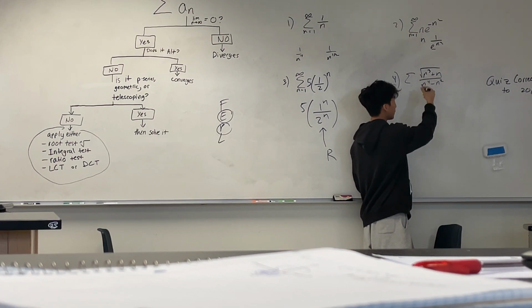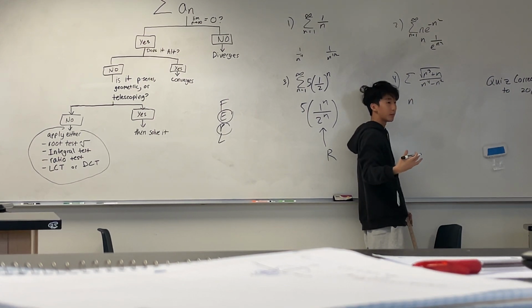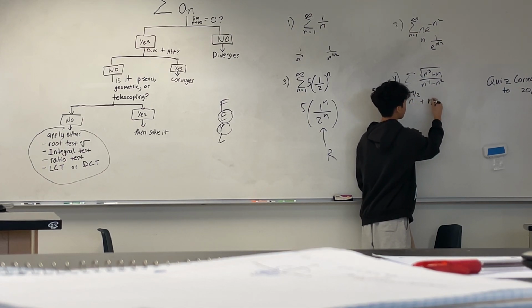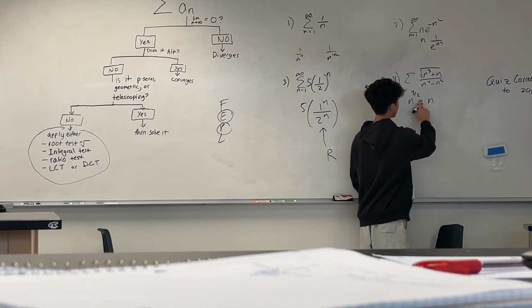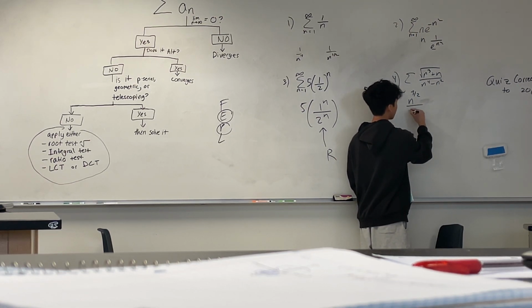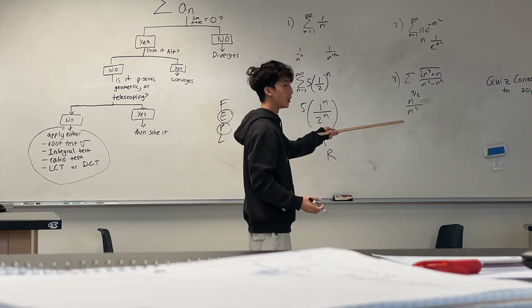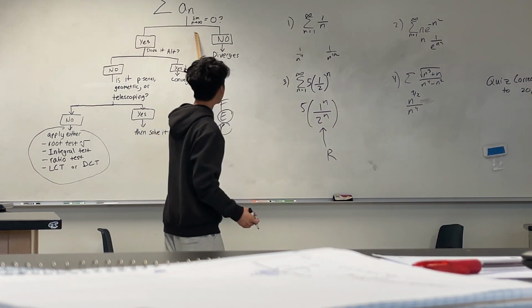Because of the square root. The square root adds a 1/2 power. So it's n to the 3/2 power. And the bottom is n to the 4th. Again, the bottom's bigger, so yes, the limit does go to 0.